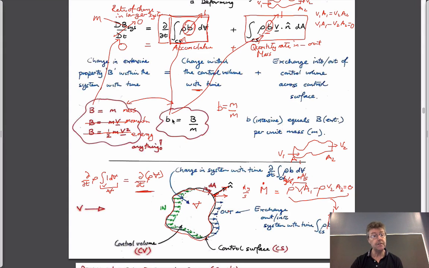And by definition, this intensive property is just this term divided by whatever per unit mass. So in this particular case, this is going to be mass divided by mass, which is just 1, which goes here. When we conserve momentum, it's going to be mass times velocity divided by mass. And so we're going to be left with B is equal to velocity. That's all. So you just have to take it on trust as a definition.